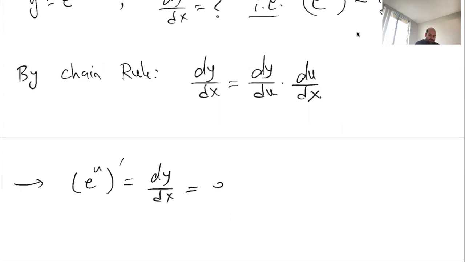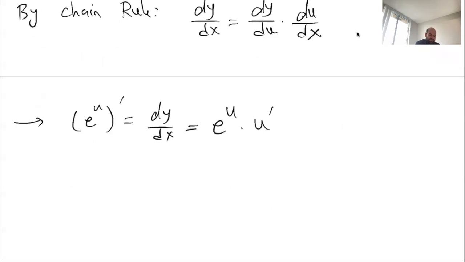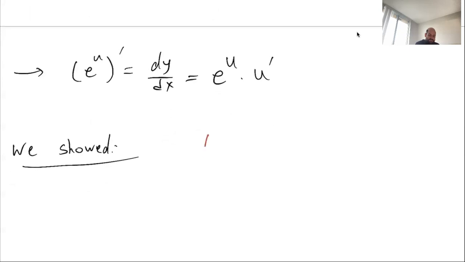By the chain rule, we know that dy/dx is equal to dy/du times du/dx. So dy/dx, the derivative of e to the u with respect to u, is e to the u, times du/dx, meaning times u prime. So we showed that the derivative of e to the u is u prime times e to the u.